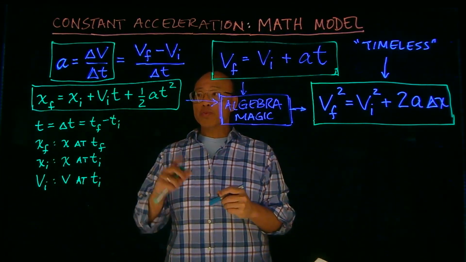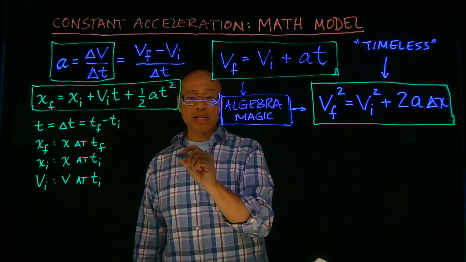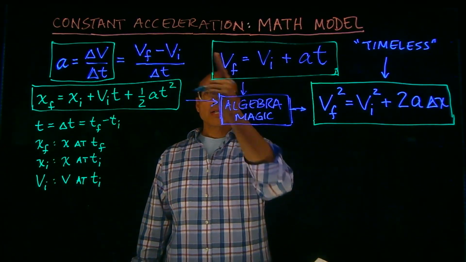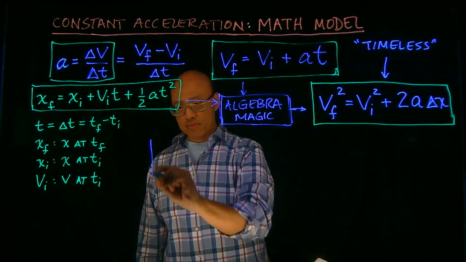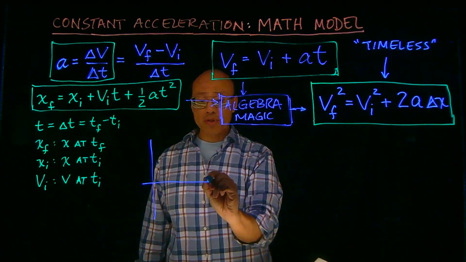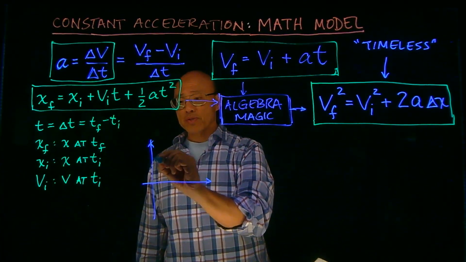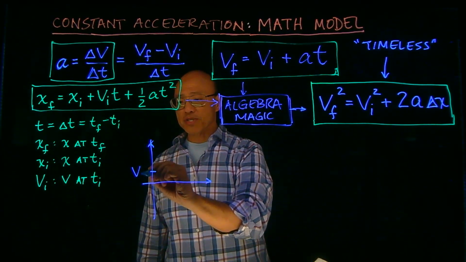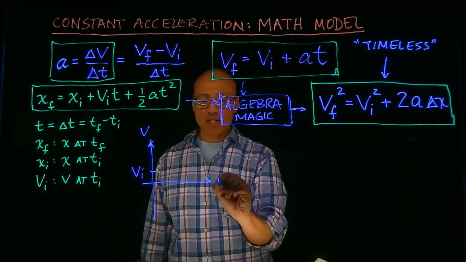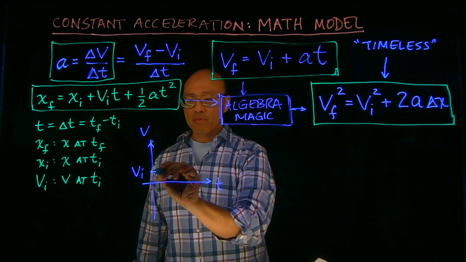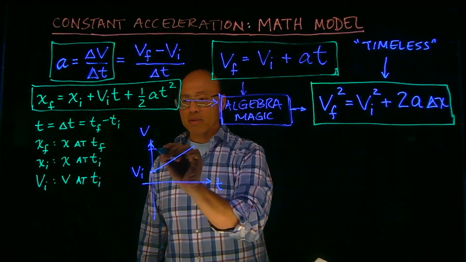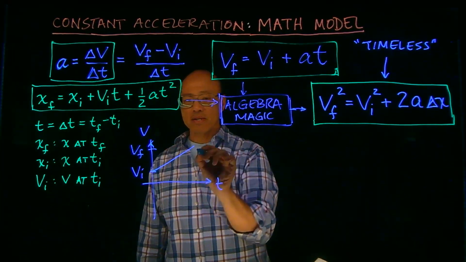The other one is we go back to our idea of average velocity. Because when we accelerate, remember what happens when you accelerate. Your velocity changes. So now we have an initial velocity. So we're going to look at a velocity time graph. And we're going to accelerate to a final velocity.